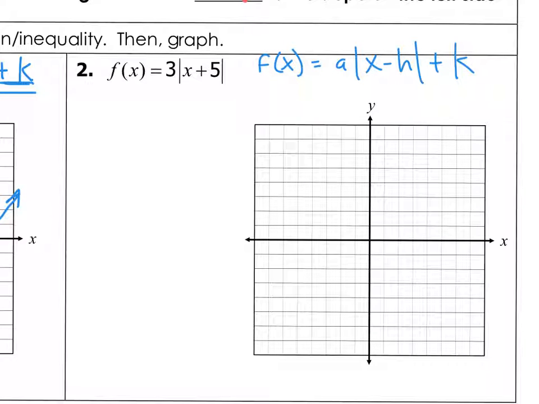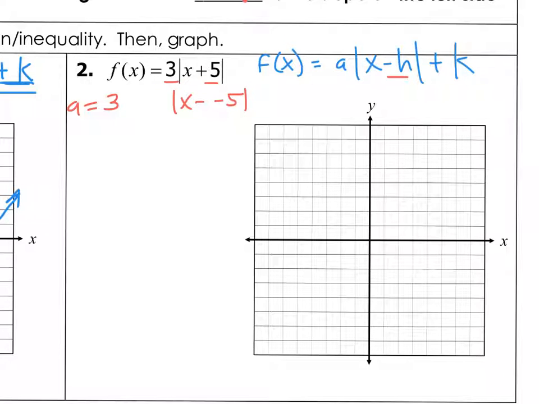Okay, again, I've written the vertex form so that we can see that. In this case, we have an A equals 3. So that means we're going to have a stretch, a vertical stretch. We also have our H, because we don't have a negative here, we can change that to x minus a negative 5, right?